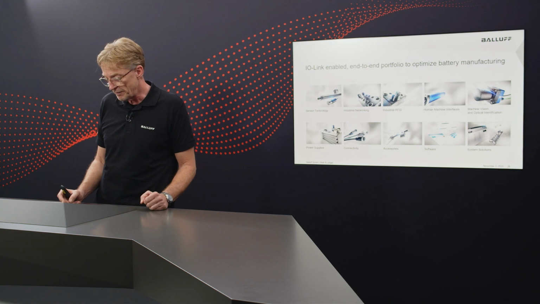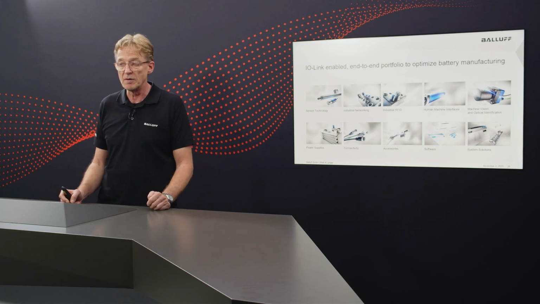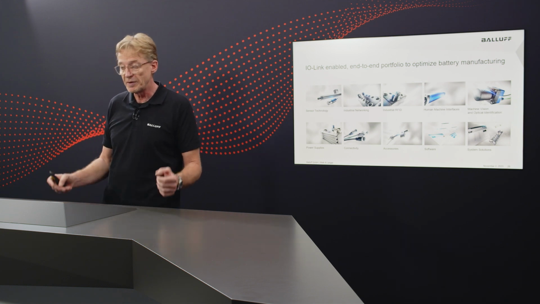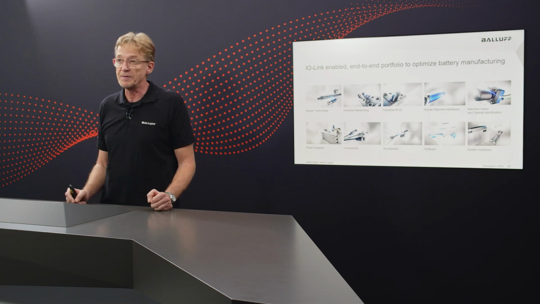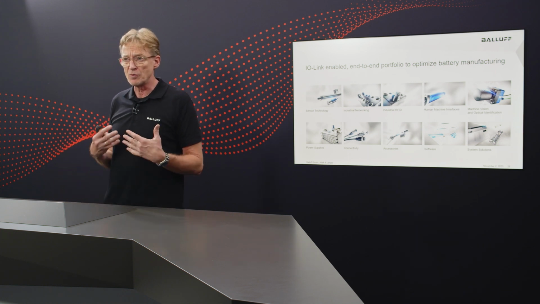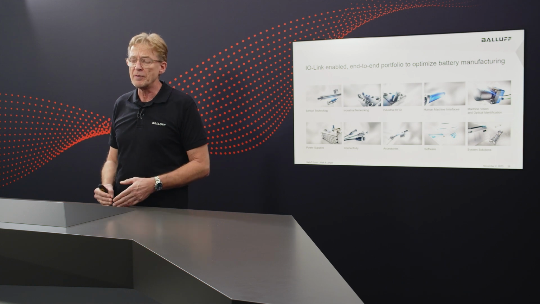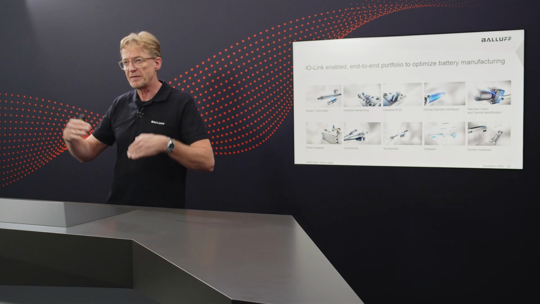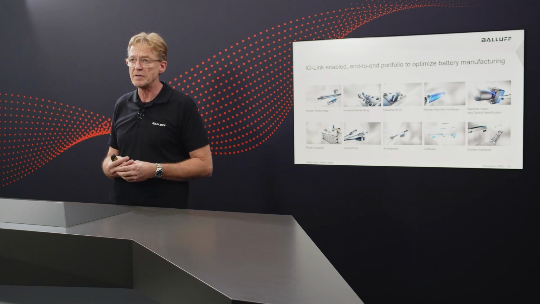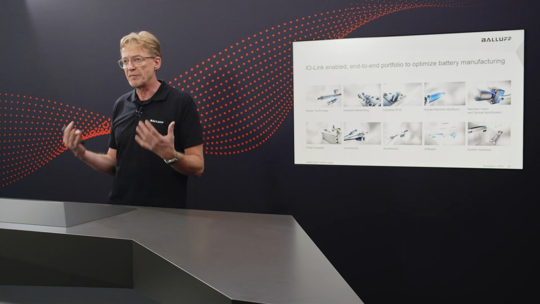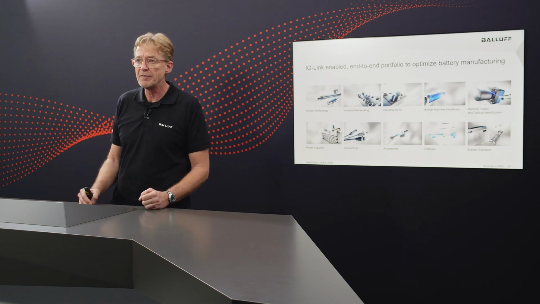So all this is available, also the accessories for, of course, for mounting the different components, and also the software how to configure an IO-Link system, how to set this up, how to parameterize the different components, what kind of software tools we have in place.